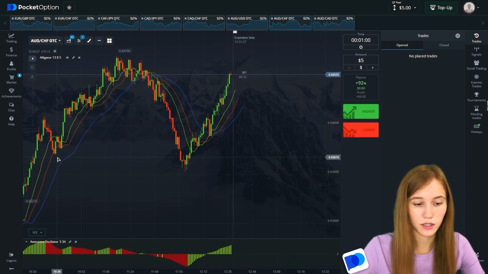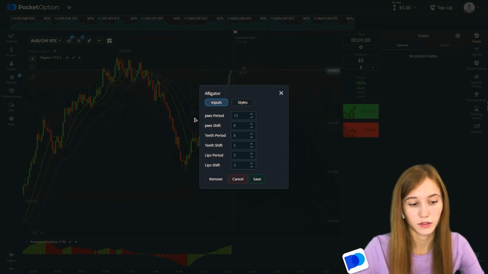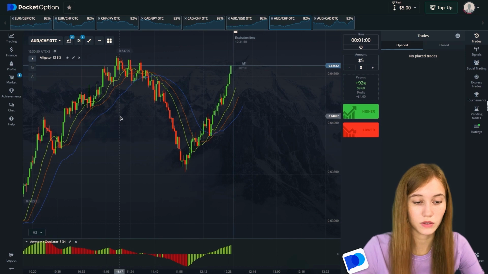So let's talk a little about indicators. The first one is the alligator, located on our chart. Here are its parameter values, but the standard settings are suitable for most time frames. Also, don't be afraid to play with the values.